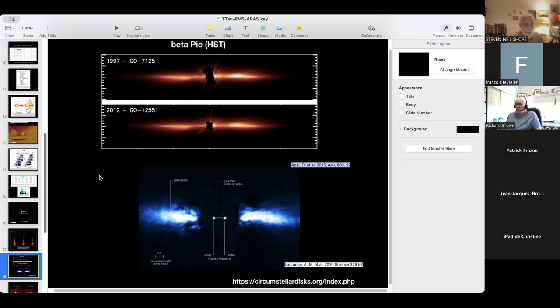Now, this also showed indications of discrete bodies that were falling onto the central object. The disk here is about 1,000 AU. The central object here is being blocked out.